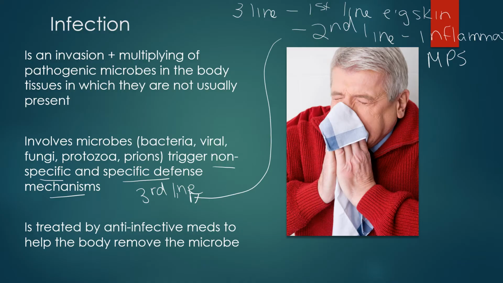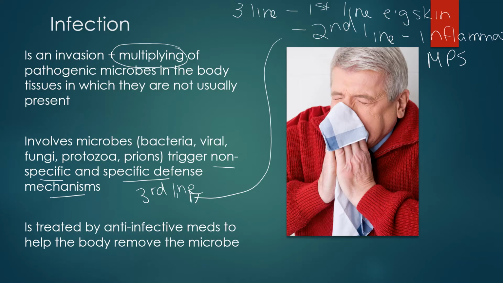When your clients have an infection, they're often treated with anti-infective medications that target the microbe to help remove it or suppress its activity and prevent it from multiplying. Because remember, once they invade, they would then have to multiply in order to overwhelm your patient's immune response.